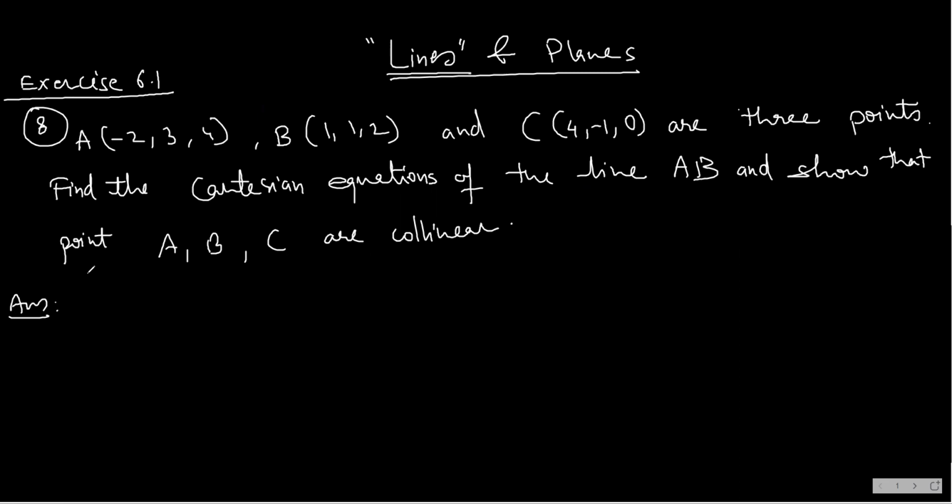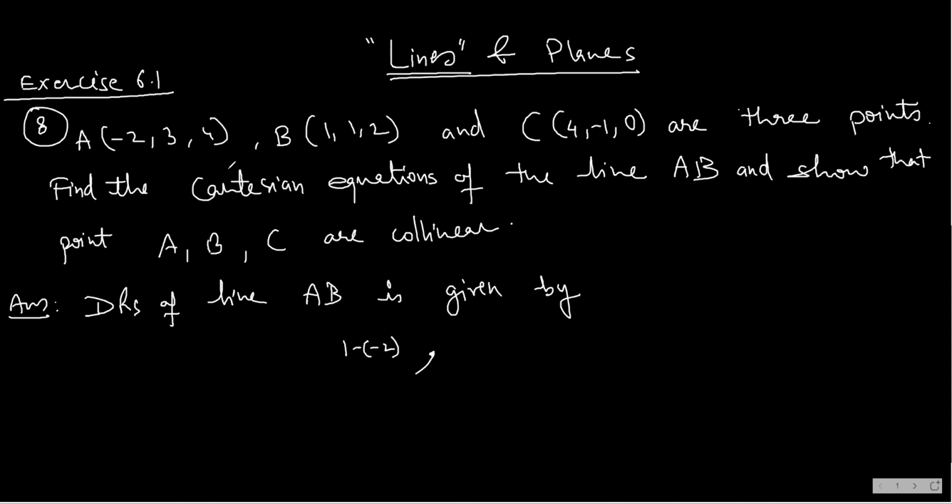First of all, I will find the DRS of AB. I will write here, DRS of line AB is given by 1 minus of -2, 1 minus 3, 2 minus 4.